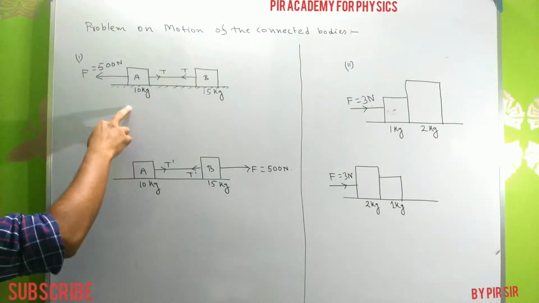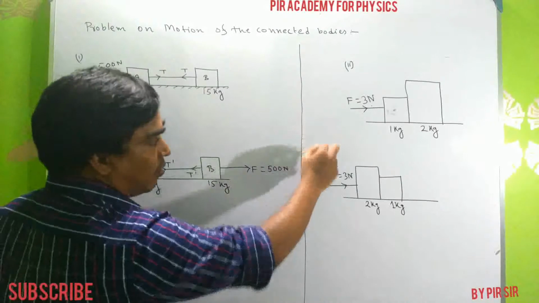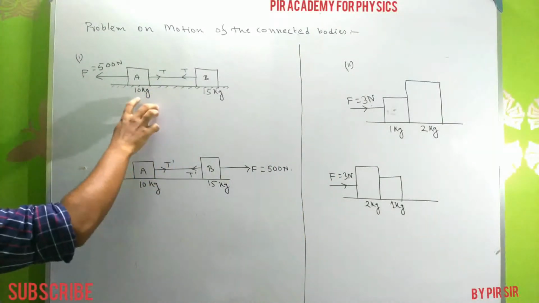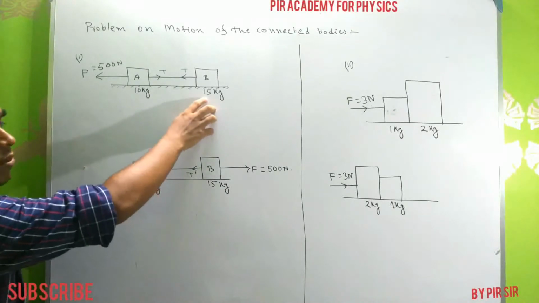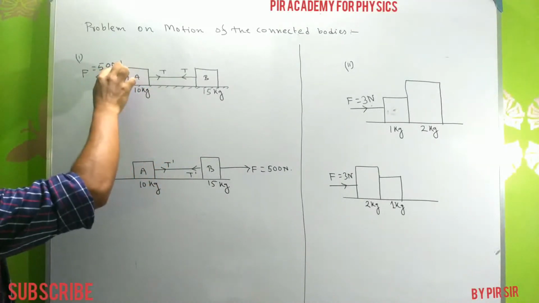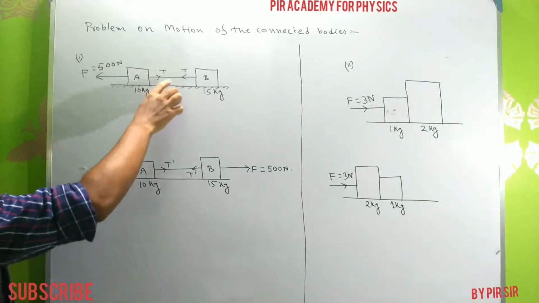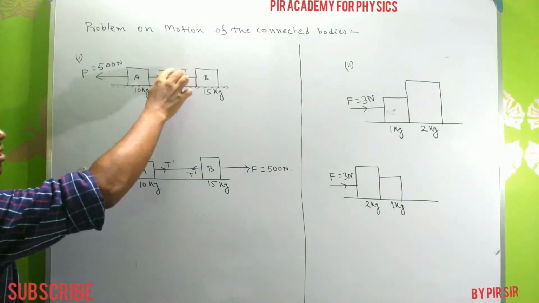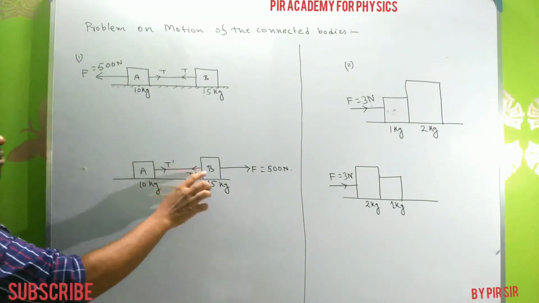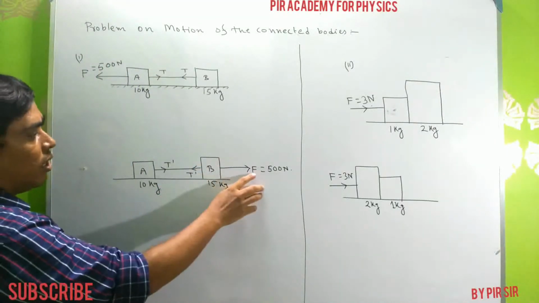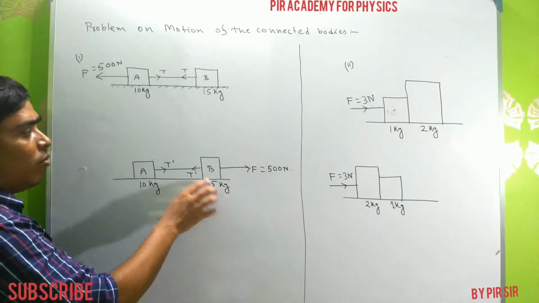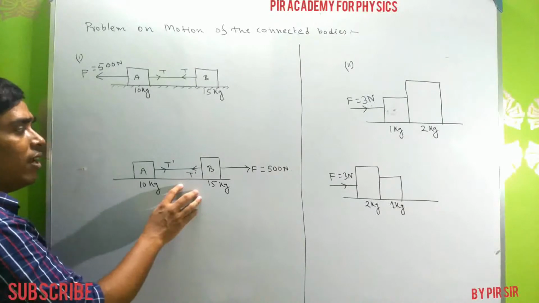Here is one problem, and here is another problem. Here there are two masses, one is 10 kg and one is 15 kg. If you apply a force of 500 newtons, what will be the tension of this wire? And here the force is exchanged. That means if you apply this force on the mass of 15 kg, what will be the tension of this wire?